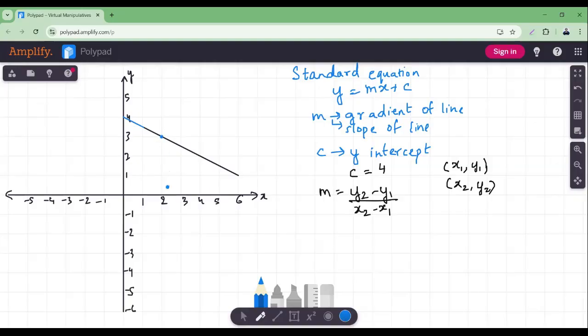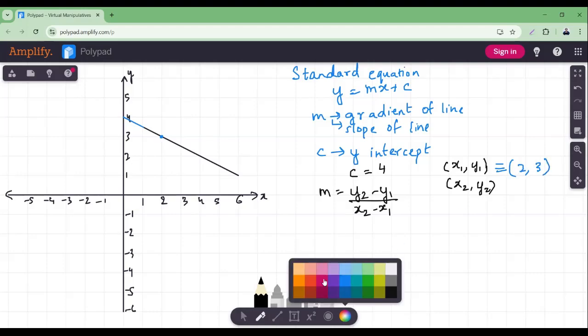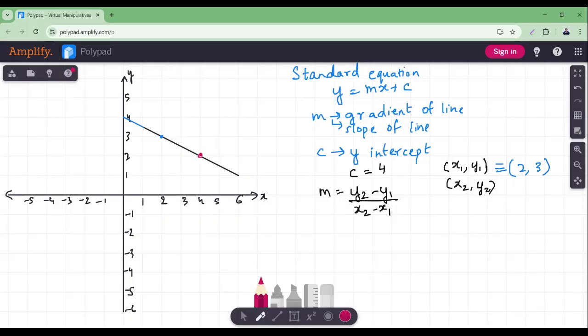This is one point and this is another, let's say. Let me use a different color. I have taken one point, x1, y1, which is 2, 3. Let me take another point here. That is our x2, y2, which is nothing but 4, 2.